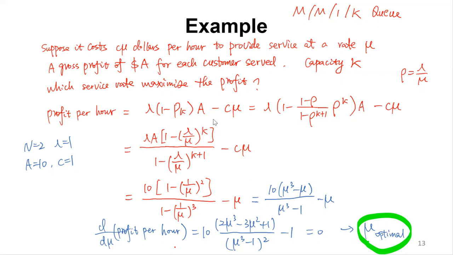So if you put pK into this equation, you will get lambda (1 minus rho^K) over (1 minus rho^(K+1)) times rho^K, times A, minus C mu. Let's put lambda over mu into this equation. You will solve for this. Now it's very interesting, right?